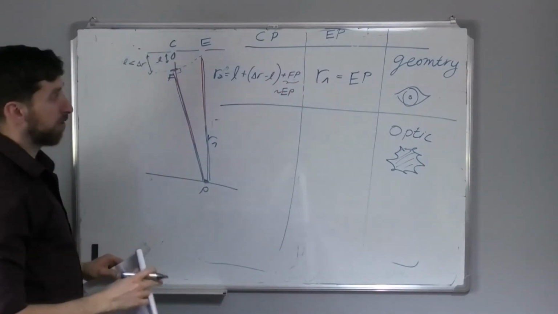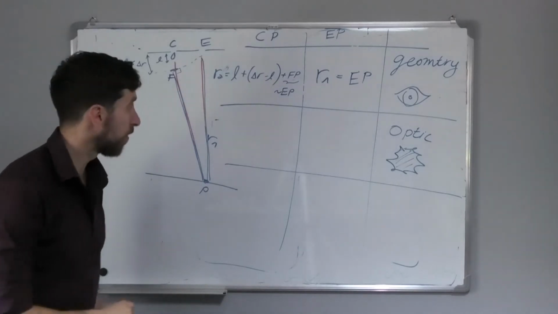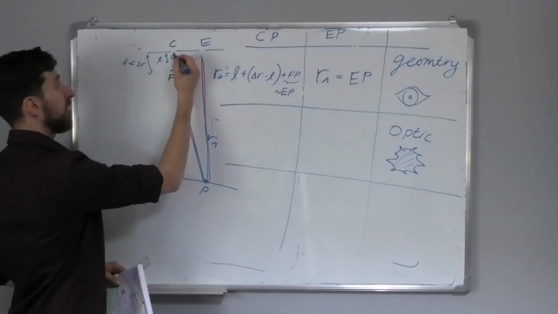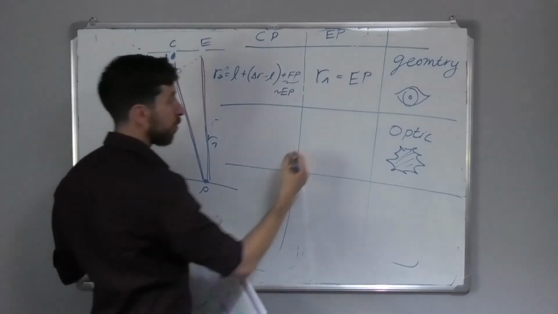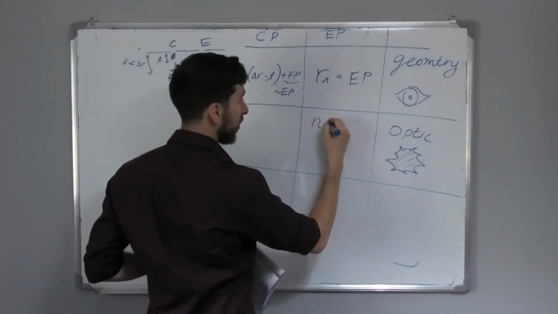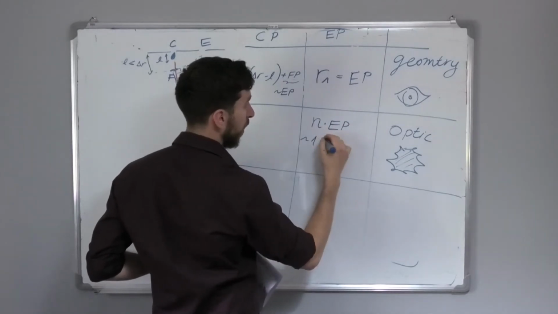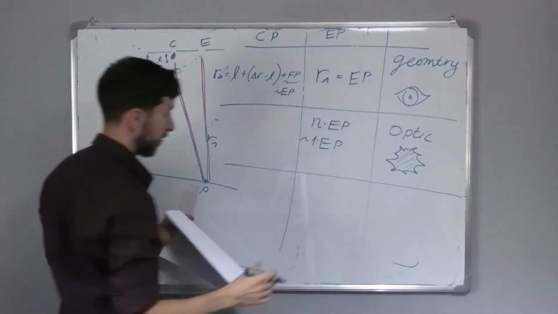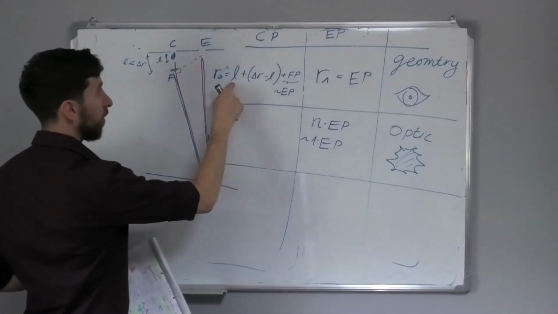But what's happening when we look at the optic, when the material property actually affects us? EP goes through air, so the equation is n multiplied by EP, and air is approximately 1. But what's going to happen when I go through the droplet?